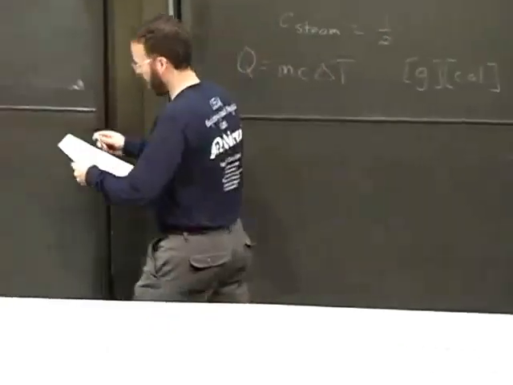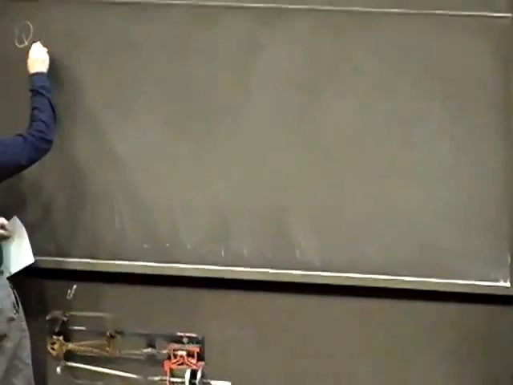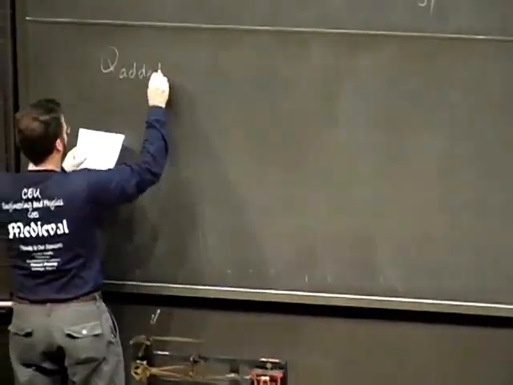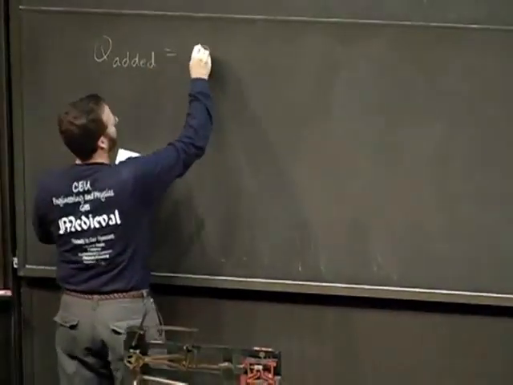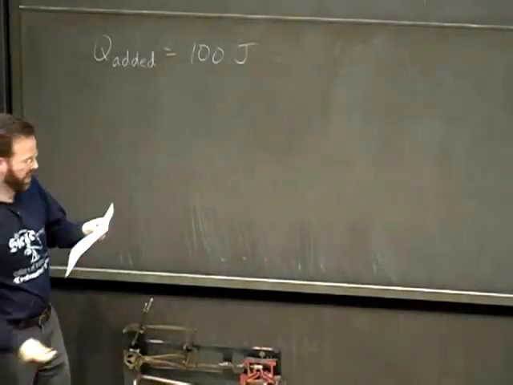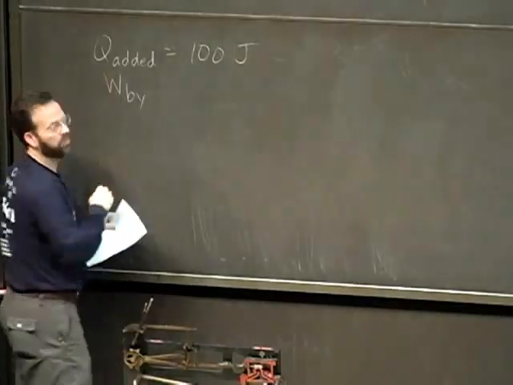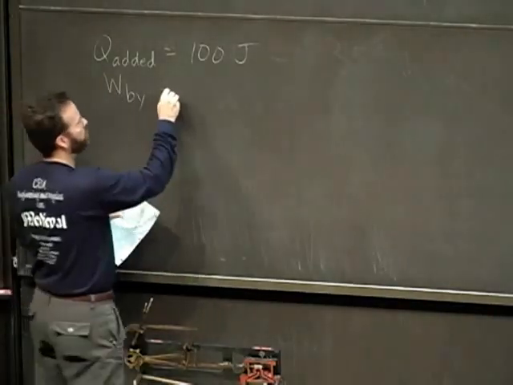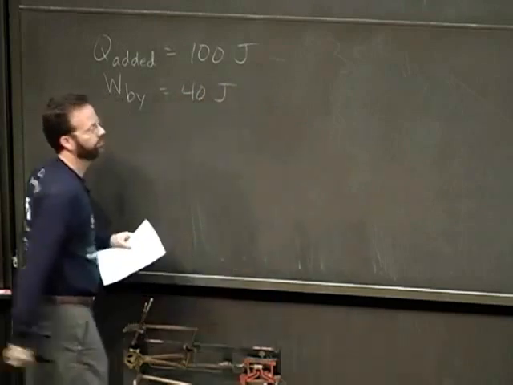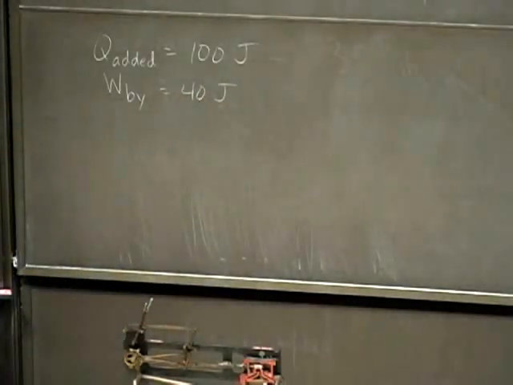So if we added, let's say, 100 joules of heat to a system, and we see that the work done by the system is 40 joules, then boom, we can say what about the internal energy?